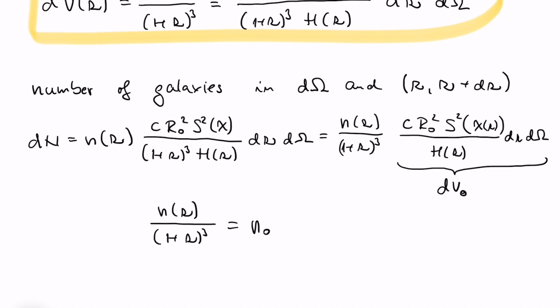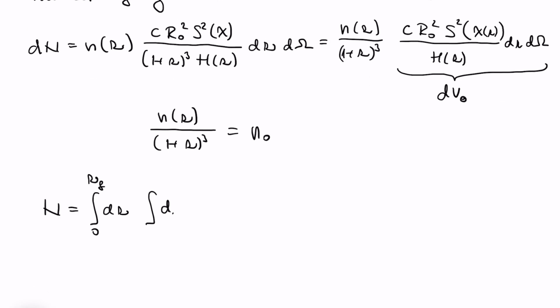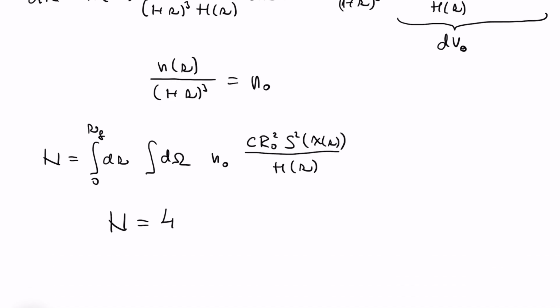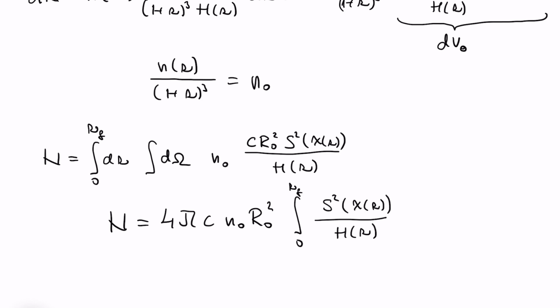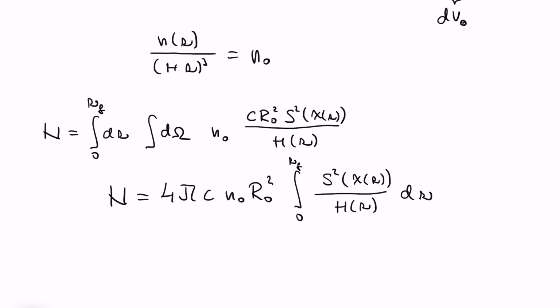As a consequence, if we want to count all galaxies up to some redshift zf, and we assume that they were not destroyed meanwhile, then we integrate this relation. The angular integral brings 4 pi, and we get this. And to calculate this integral, we must know how R evolved with time.